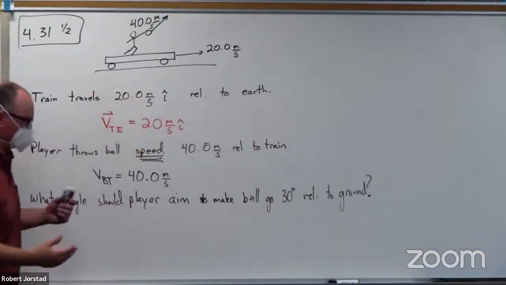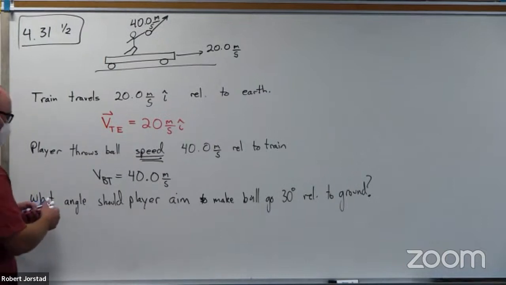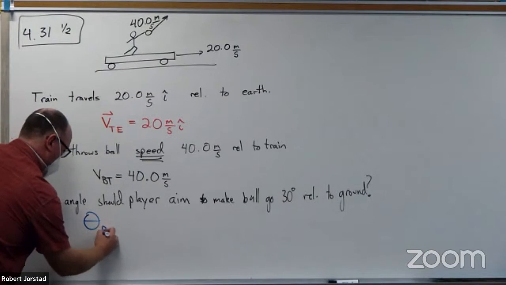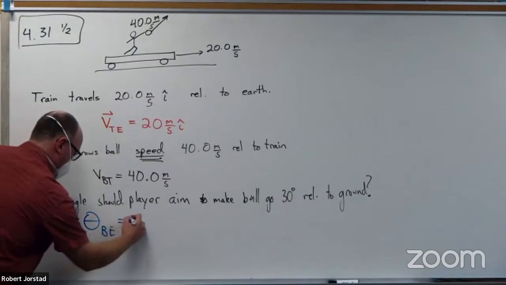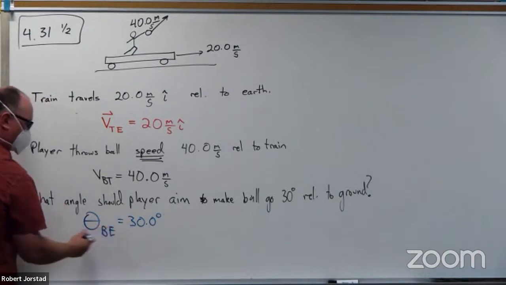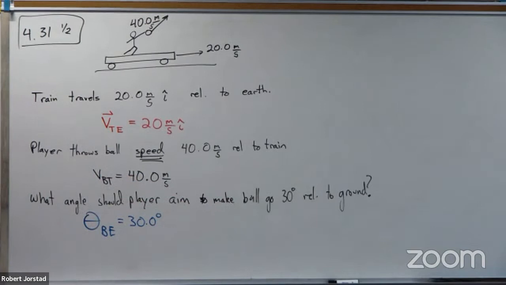Okay, let me put it to you like this. Angles need to have subscripts too. So we know that theta of the ball relative to the earth should equal 30 degrees. Agreed? That's what we were told. We want this angle.